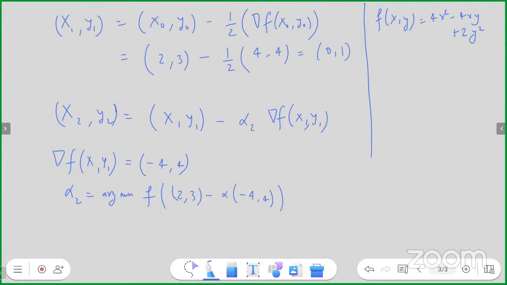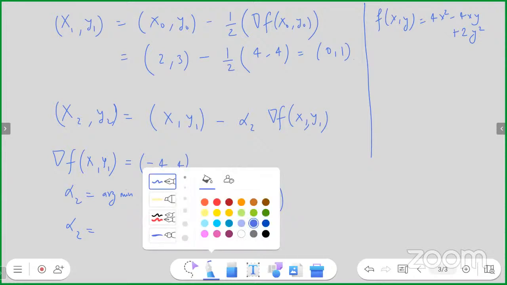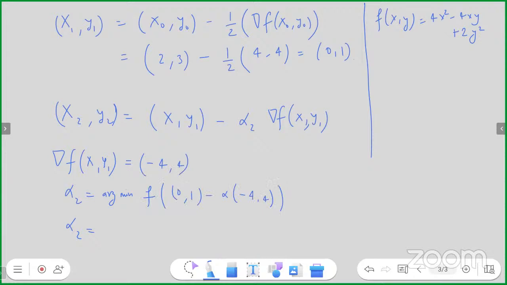And that will turn out to be 1/10, and the new point will be x2 is 2/5, comma 3/5.